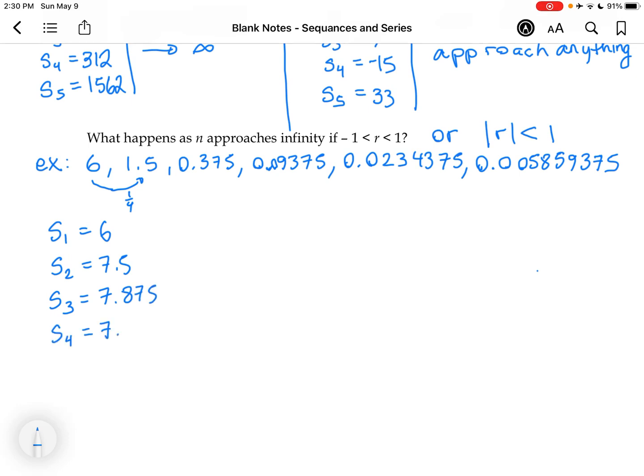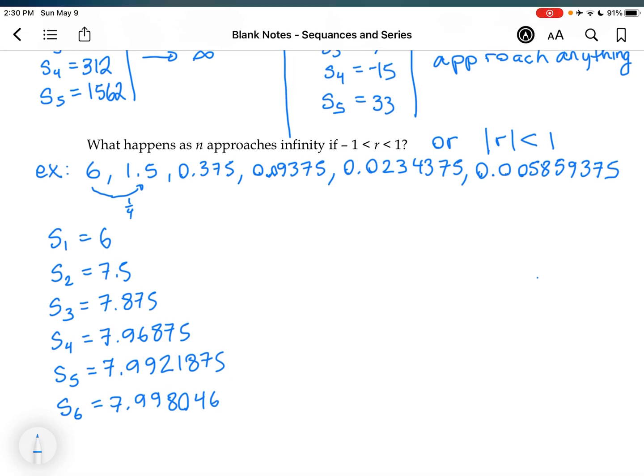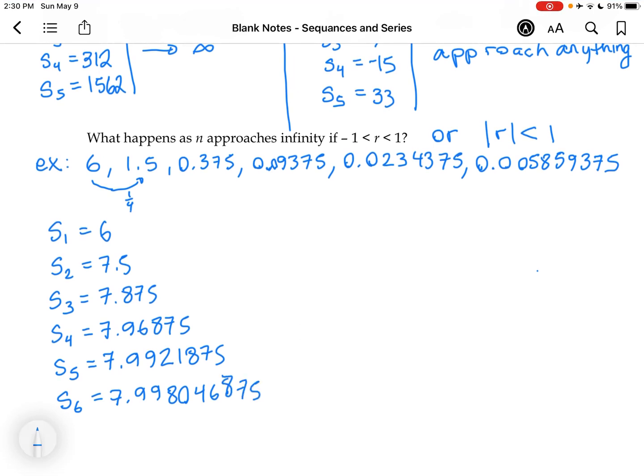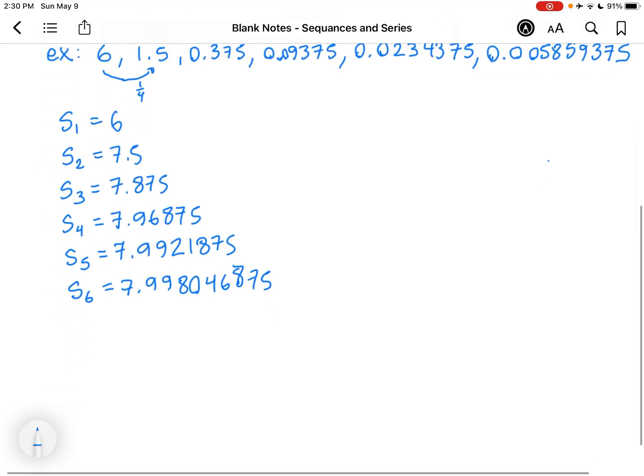S4 was 7.96875. S5 was 7.9921875. And S6 was 7.998046875. These numbers keep getting closer and closer to 8, but they're never actually going to reach 8.